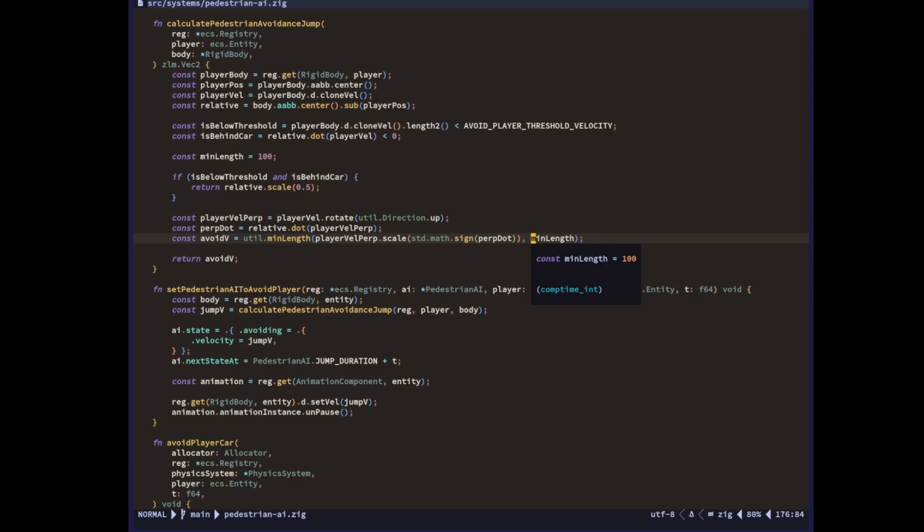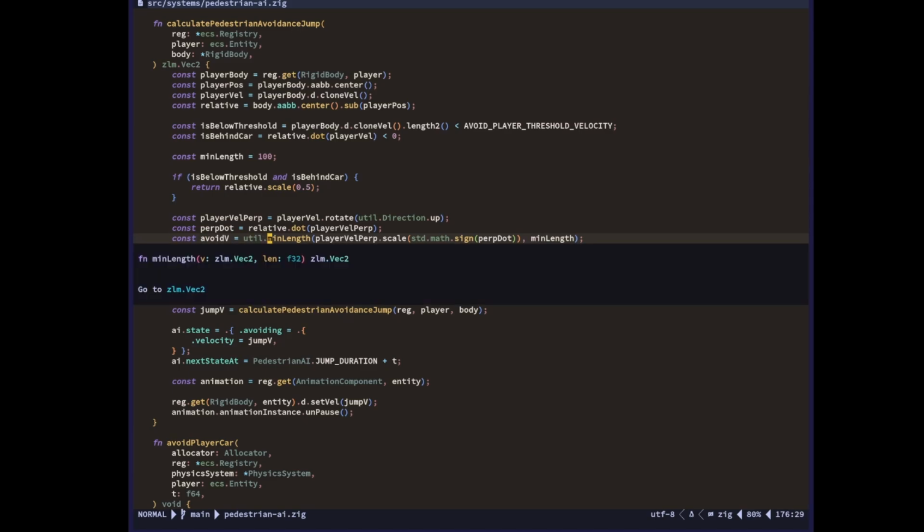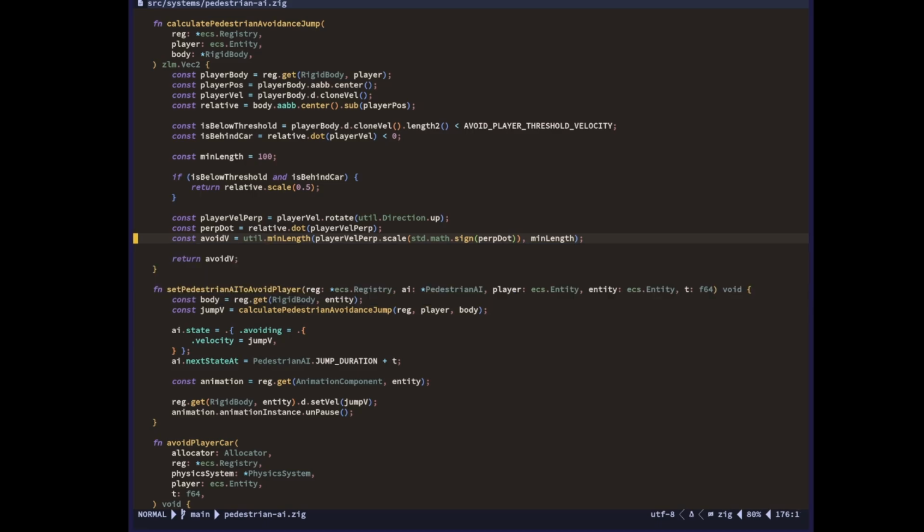If you put in a vector with length of 200, nothing will happen, it will just return the same vector. So it will still have a length of 200. So that's just to make sure that the jump away from the car has sufficient velocity, basically. So there we have our jump velocity, so the pedestrian will jump in the correct direction.